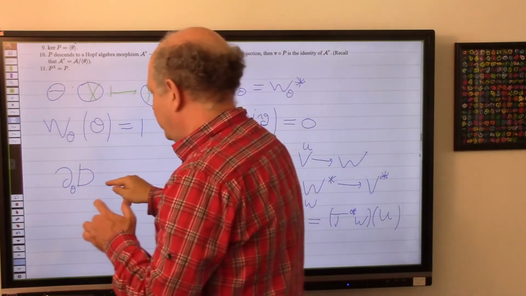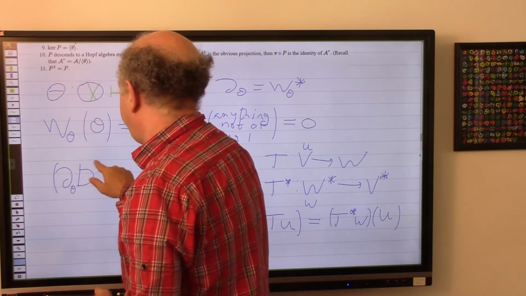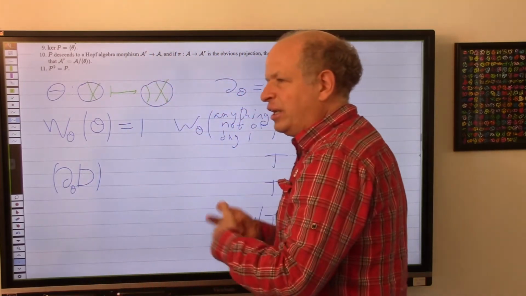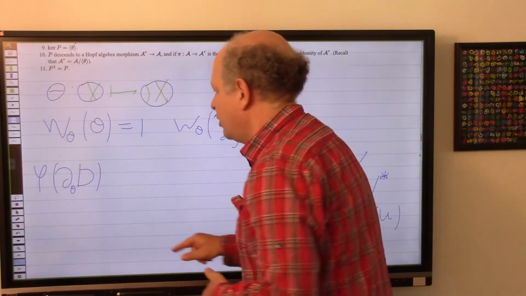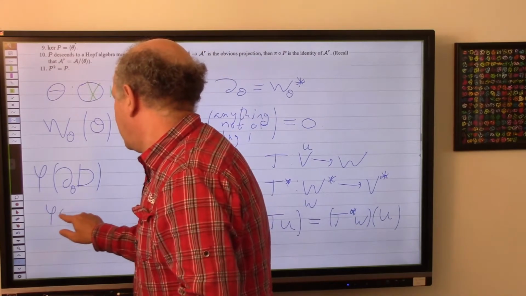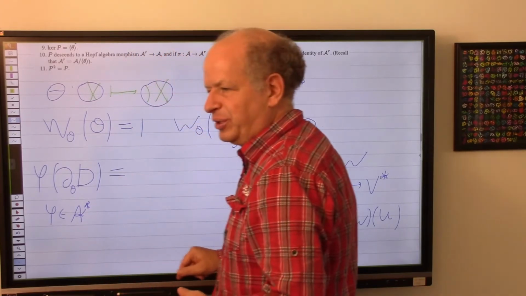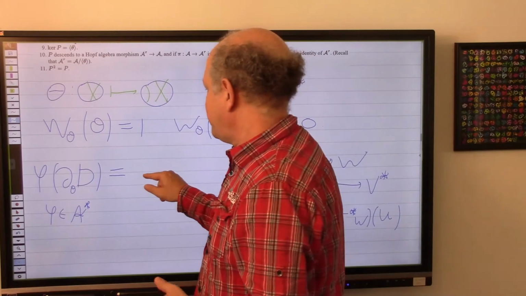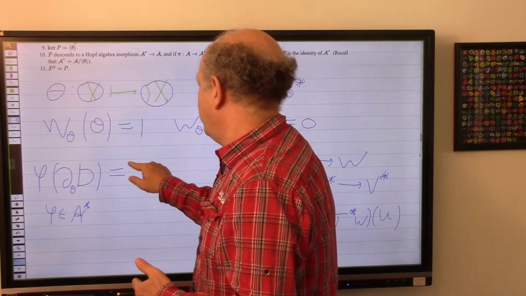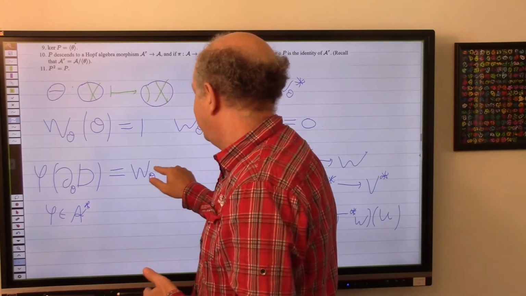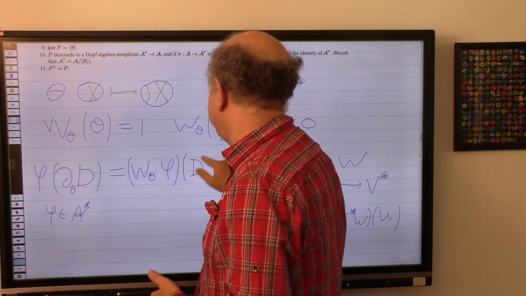So d theta of D, when you evaluate it against any linear functional phi belonging to A dual, should be equal to the multiplication w theta times phi evaluated on D. Right?